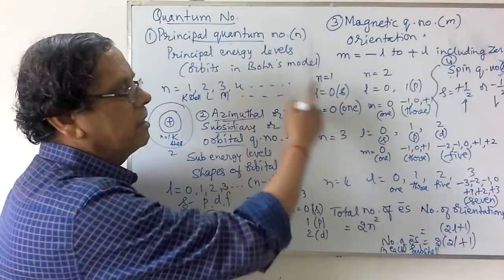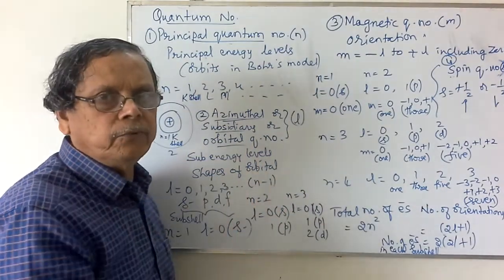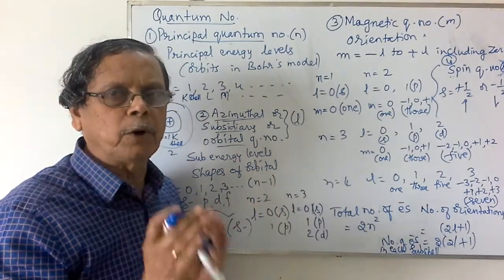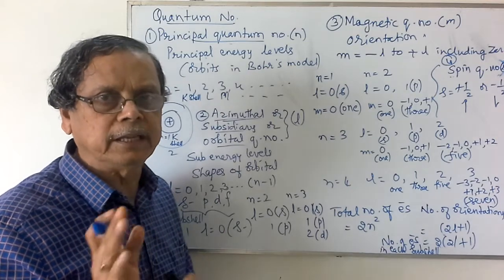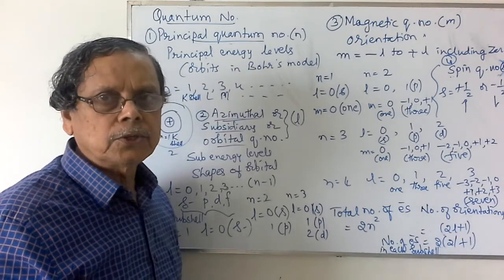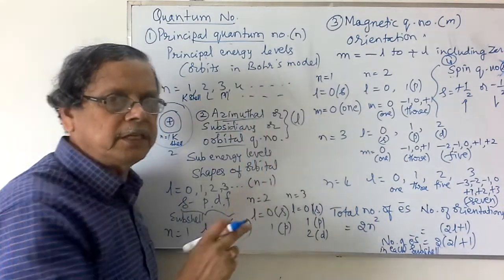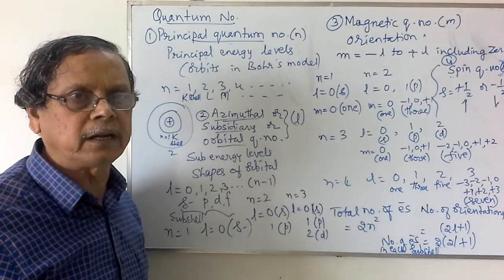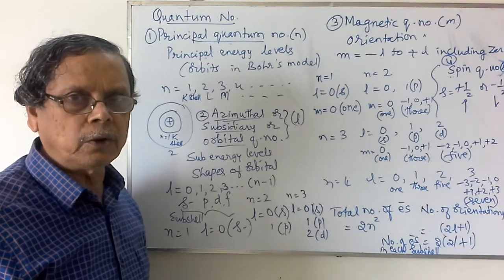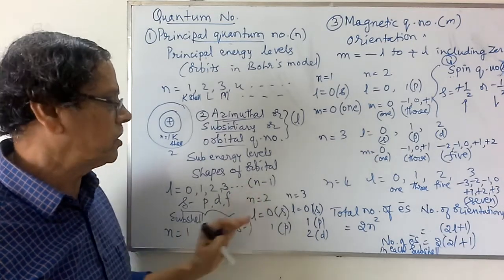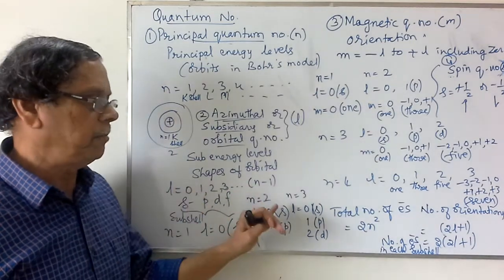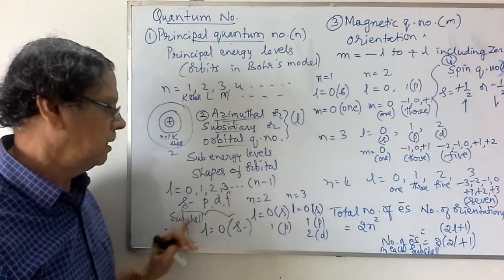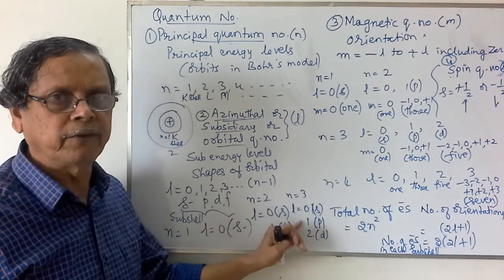So by using all these 4 quantum numbers, we can locate the probable position of the electron in the particular atom. So the use of these 4 quantum numbers is to locate the possible position or probable position of the electron in the particular orbital. In the next video we will see the shapes of the orbitals or subshells S, P, D and F.